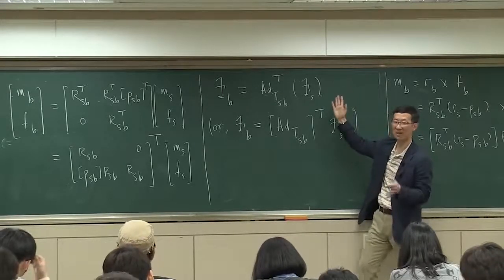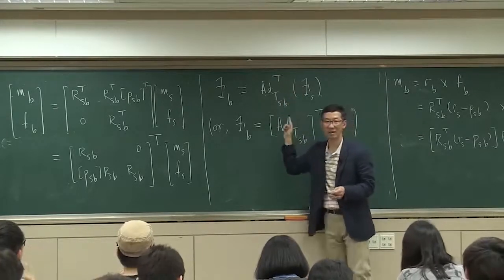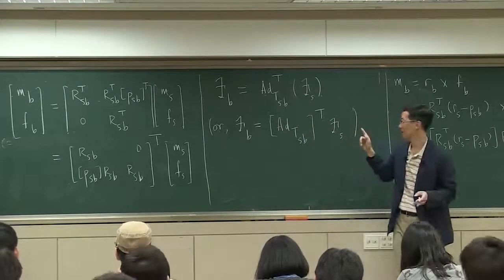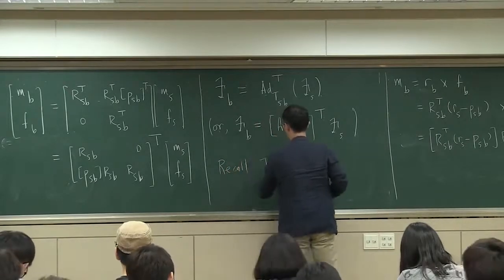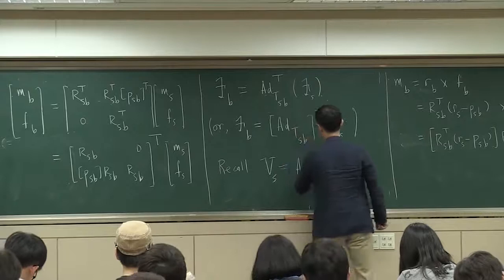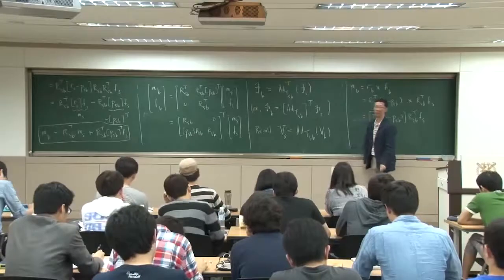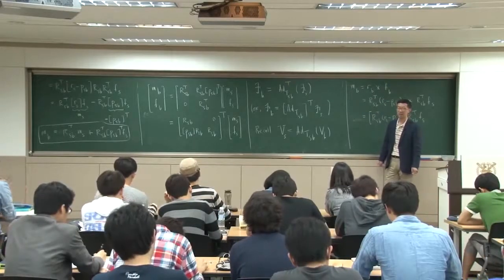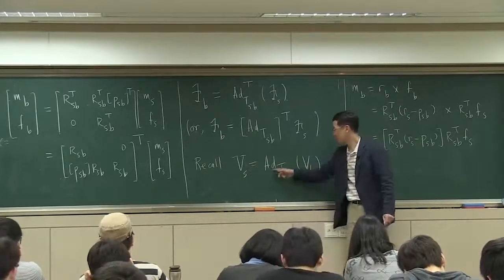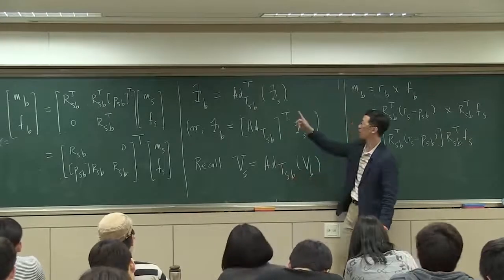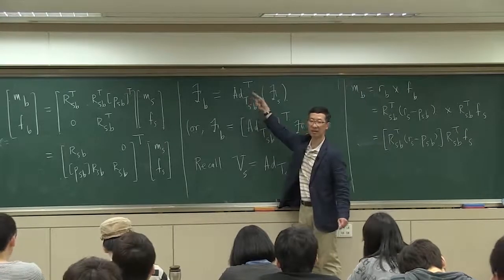More precisely, this time the adjoint transpose comes up again when we talk about forces. Now recall V_S is Ad_T_SB V_B. All right, so we see something rather interesting here. Velocities transform according to the adjoint. Forces transform according to the adjoint transpose.